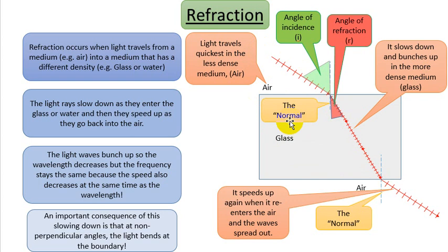By the universal wave equation, frequency remains constant, but wavelength decreases, so the speed of the light also decreases. When it re-emerges from the glass, it speeds up again. So here occurs the phenomenon called refraction, guys.